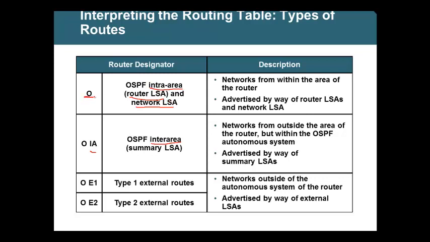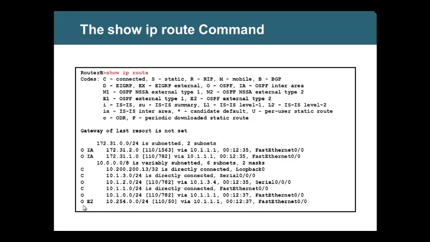So within the area, networks will have only O. When you see O, it means this particular network, 10.1.0.0, is not from another area; it is from the same local area to which this router B belongs.